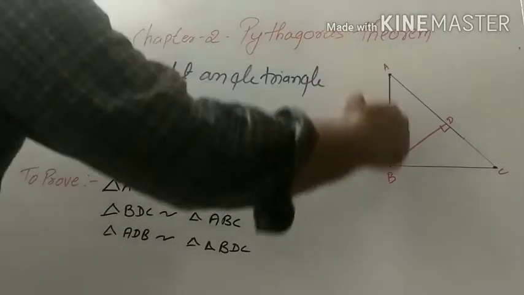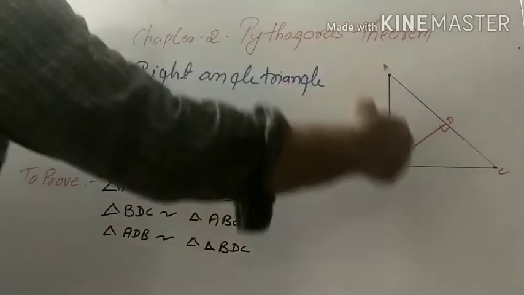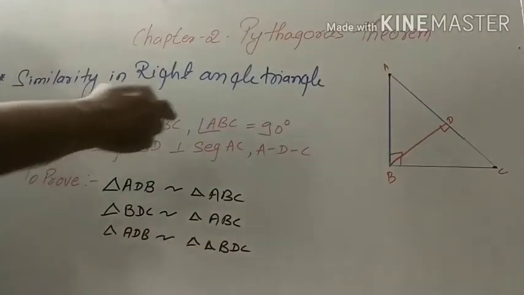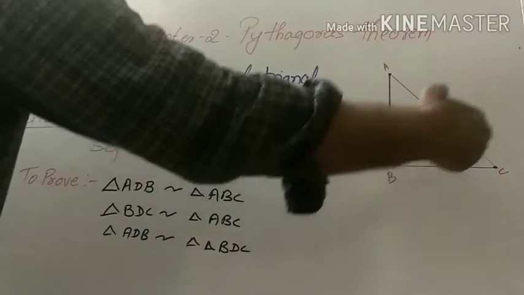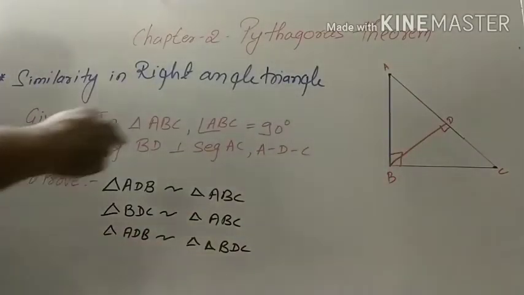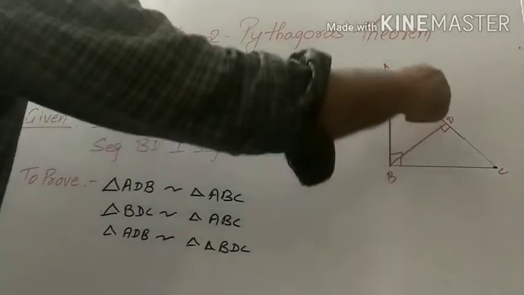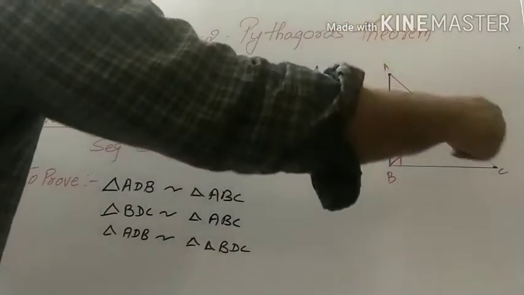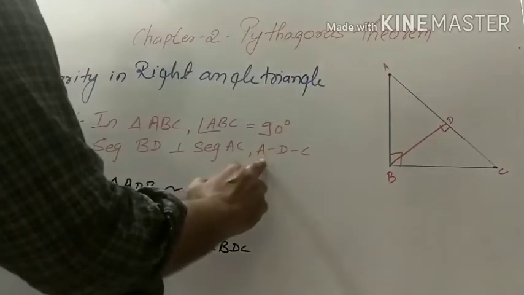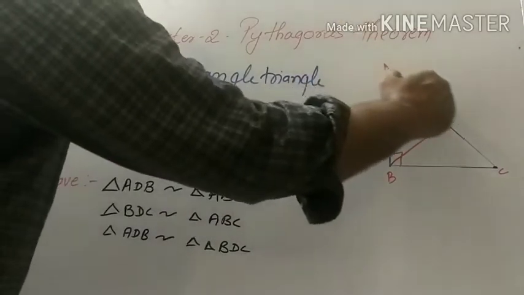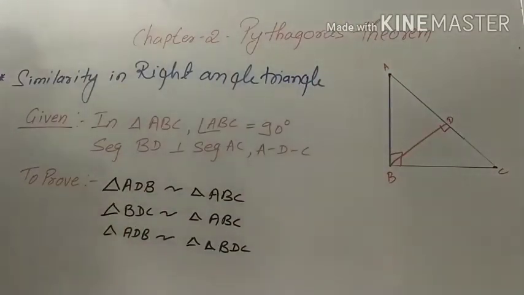In triangle ABC, angle ABC is 90 degree. By the diagram, we write given: in triangle ABC, angle ABC is equal to 90 degree and segment BD perpendicular on segment AC, and ADC is collinear.